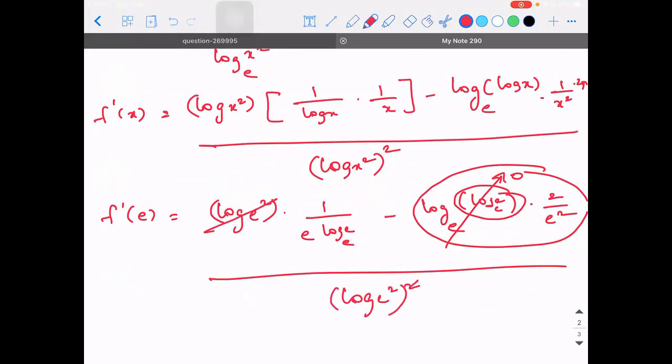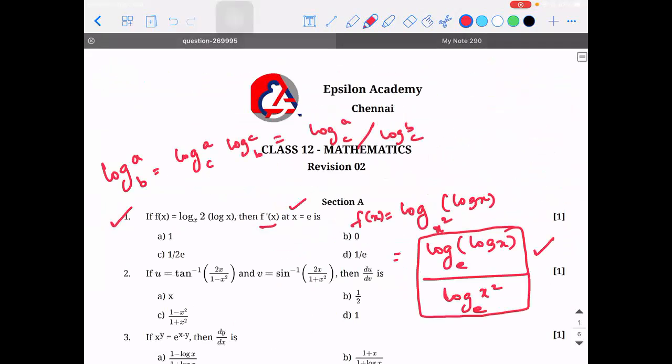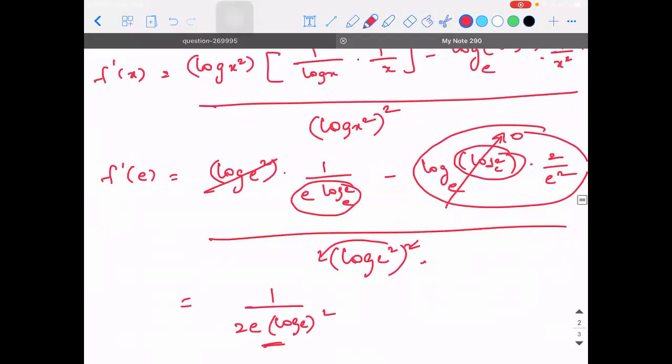So log of e square will get cancelled, and what are you left with? 1 by 2e into log e square, because log of e square is nothing but 2 log e. So 2 log e will get multiplied with e log e, so that is 2e log e the whole square. Log e is anyways 1, so 1 by 2e. I think there should be an option like that.